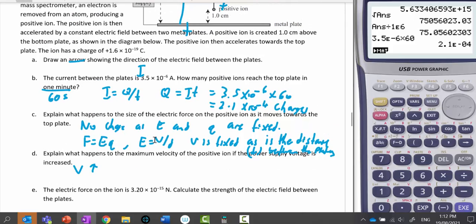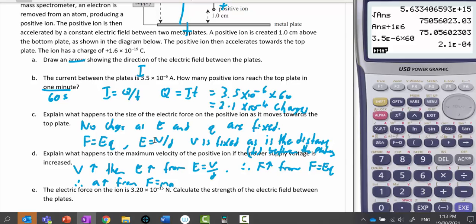So if V goes up, then electric field strength must also go up, and you always have to relate it back to an equation, from E equals V over D, and then you can use triple dots like that, which would mean therefore, F increases from F equals EQ, therefore acceleration increases from F equals MA, so a faster velocity.